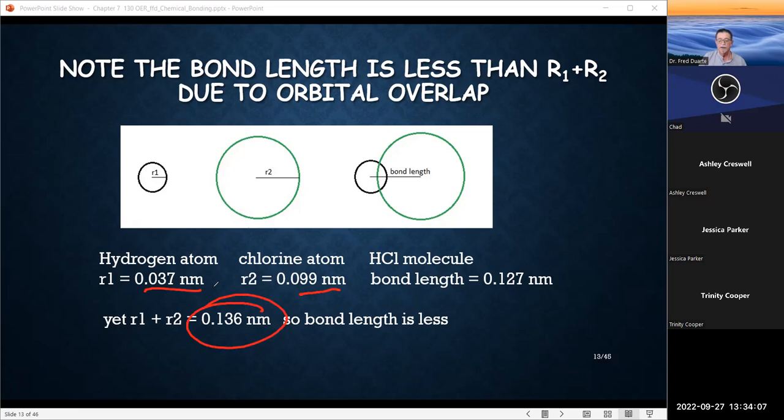But in reality, in measuring the distance between the hydrogen and the chlorine as a compound, the actual length was much less, 0.127 nanometers. That is explained by the fact that those electrons that come together are actually being shared, and there's an overlap between the hydrogen and the Cl.